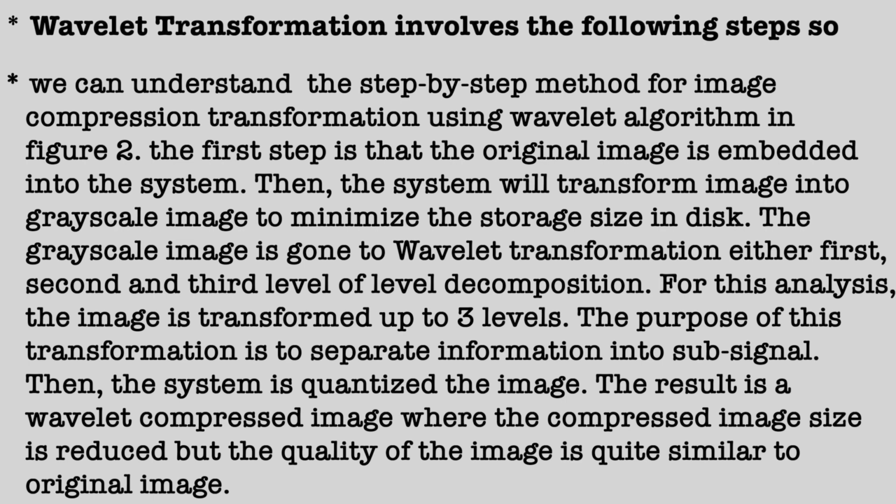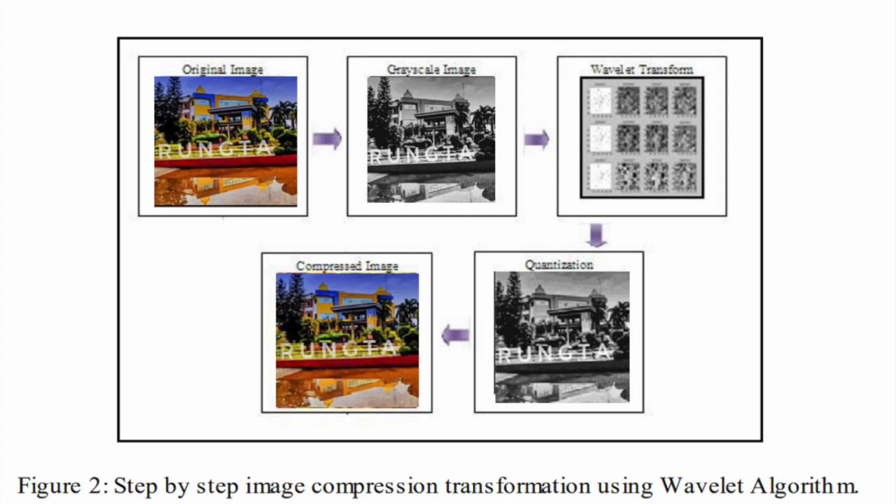The grayscale image goes to the wavelet transformation, with either first, second or third level of decomposition. The purpose of this transformation is to separate information into sub-signals. Then the system quantizes the image. The result is a wavelet compressed image where the size is reduced, but the quality of the image is quite similar to the original image.